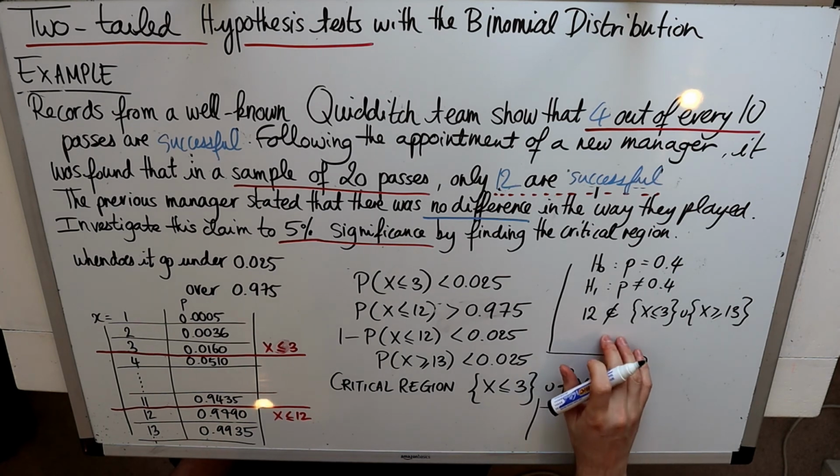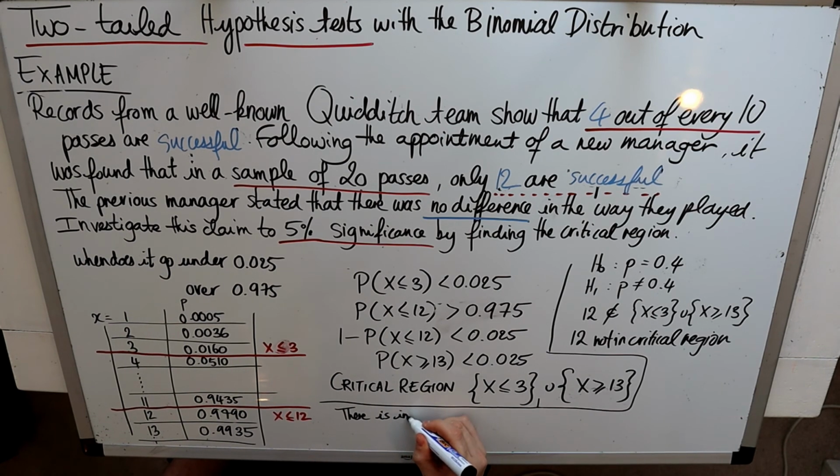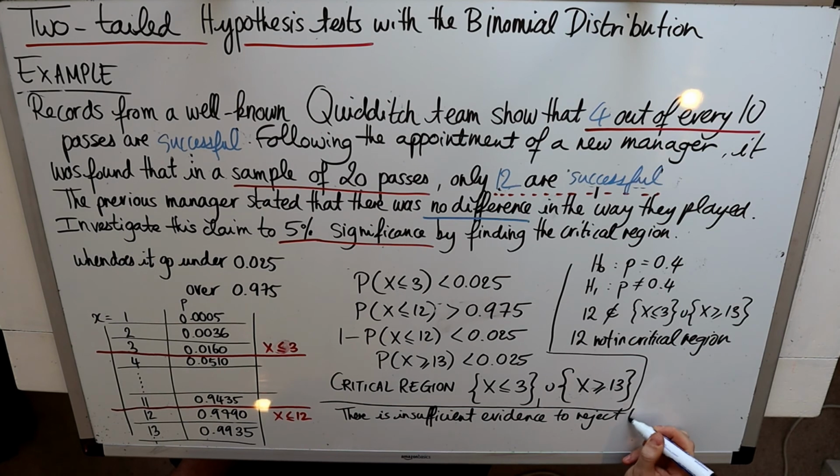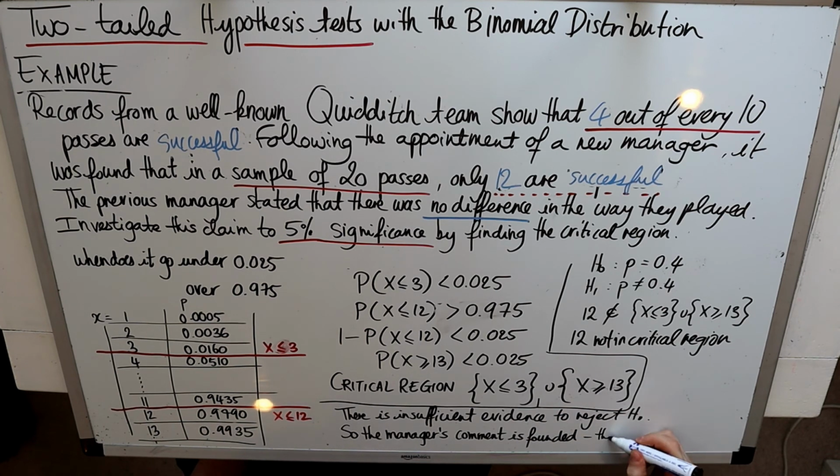So there's actually no evidence to reject H0. There is insufficient evidence to reject H0, which means we have to then put it in context. So the manager's comment is founded, and then if you really want to say it, there is statistically no difference in the way that they play.